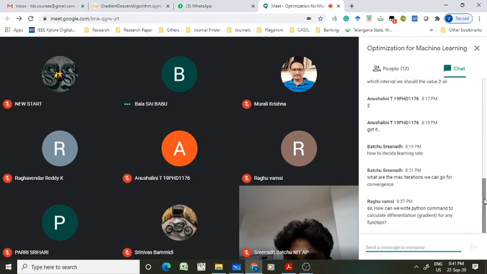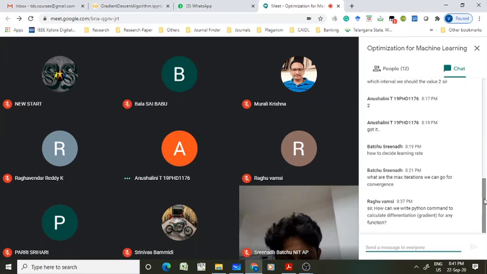That is the maximum number of iterations. We have to pick some large value. Coming to your machine learning algorithm, if your accuracy is very low, that means the training is not sufficient, then you may increase the number of iterations. There is no criteria for how many iterations you have to choose.